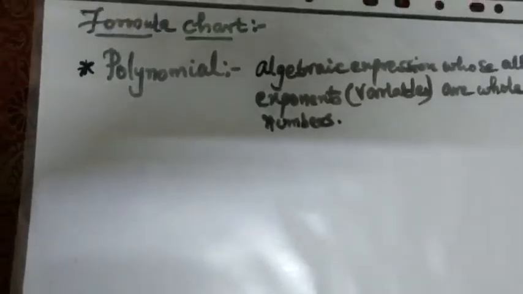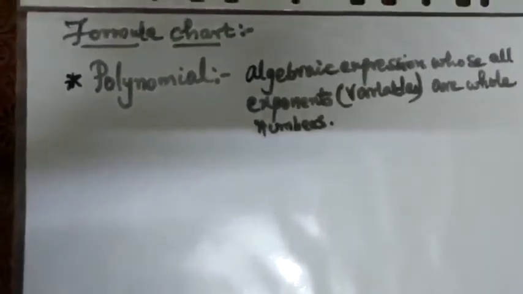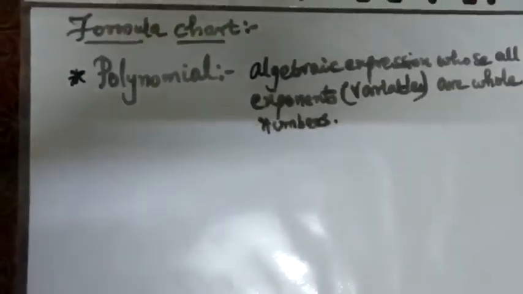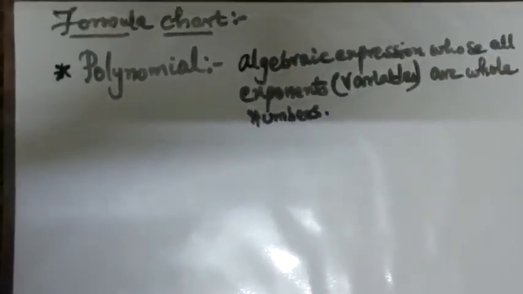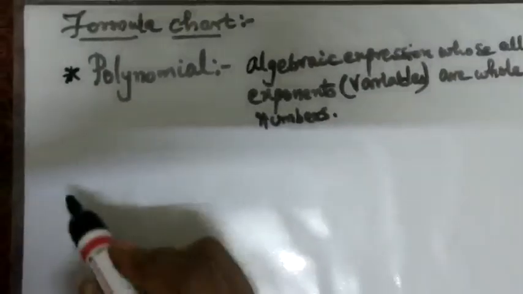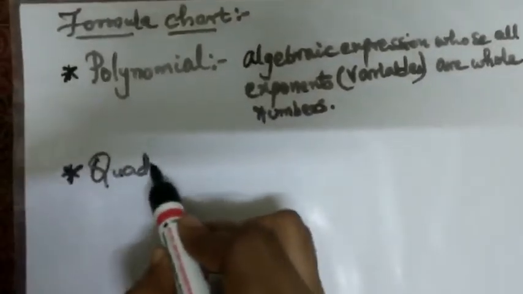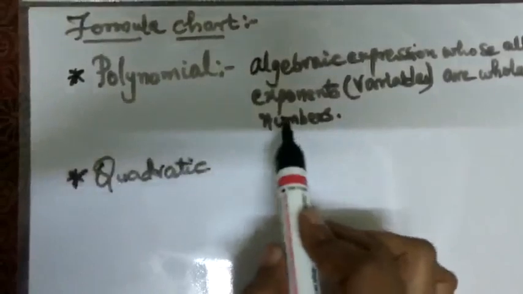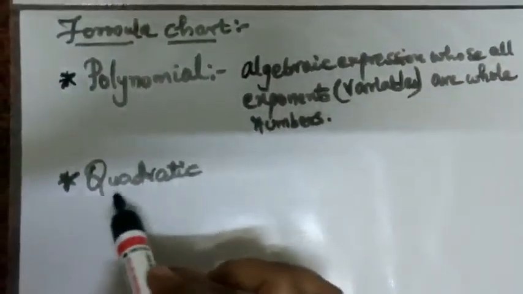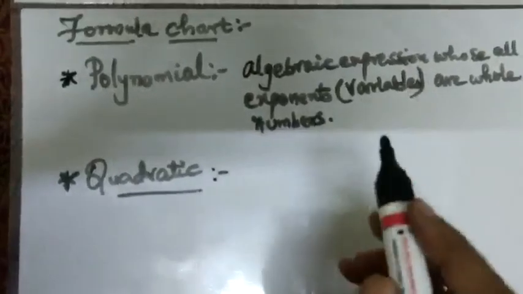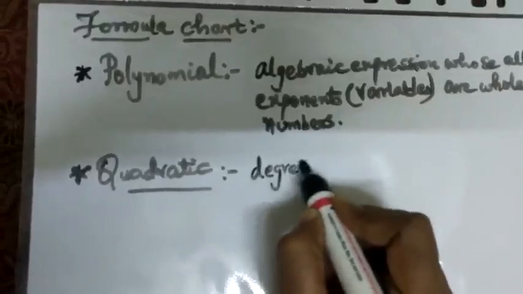Now let's come to the topic: what is a quadratic equation then? When we see or hear the word equation, it means that obviously there is an equal to sign. But before understanding a quadratic equation, let's try to understand what a quadratic polynomial is. To be a quadratic polynomial, first of all, an algebraic expression has to be a polynomial whose all powers are whole numbers. Now to be a quadratic one, the degree should be 2.